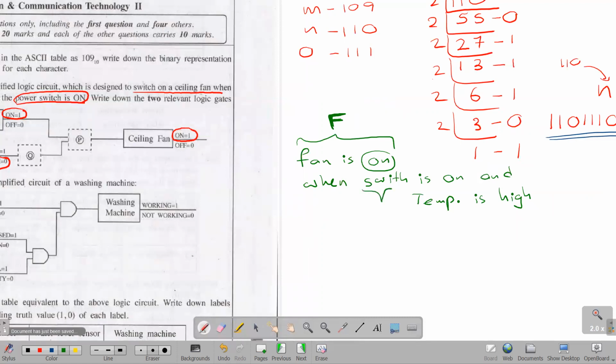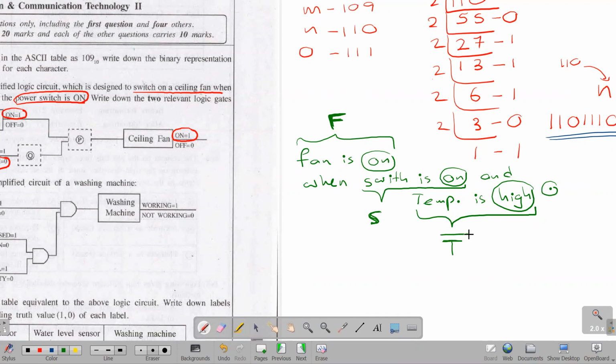And switch is on, again I can indicate by S, because S is the one which indicates 1 on the switch. Temperature is high indicates a 0. So if the temperature is T, 0 indicates T bar.